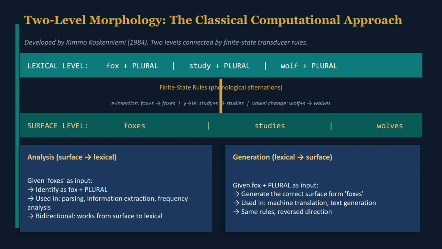The lexical level, which represents the abstract underlying morphological structure, and the surface level, which represents what is actually written or spoken. The system maps between these two levels using finite state transducers, a type of automaton that transforms one string into another.